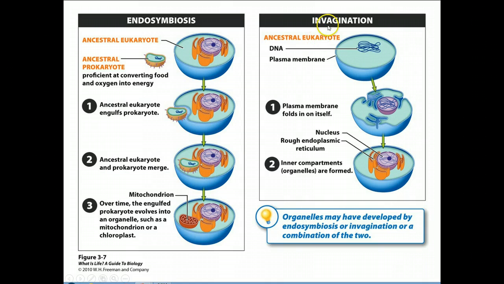And invagination is a process where the plasma membrane moves in, and we get inner compartments, organelles, formed as a result of this invagination. It could be as a result of this endocytosis process, but it's something to think about, and I just wanted you to be aware of that terminology.